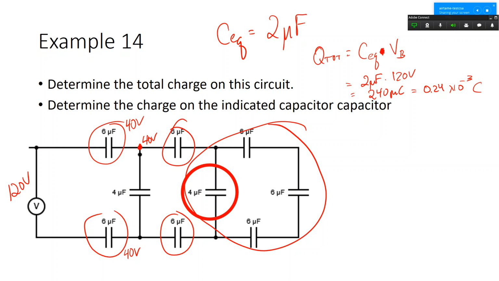So I have this value divided by 3. That means here I have 13.3 volts, 13.3 volts, and this whole thing is 13.3 volts. That means the voltage across my indicated capacitor is also 13.3 volts.